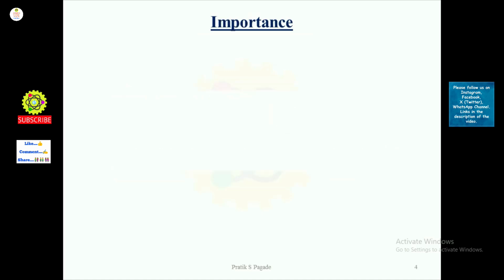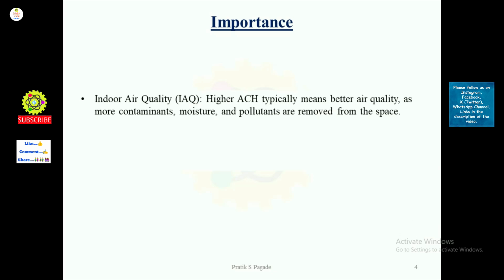Okay, so see the importance. It is indoor air quality. As we know, this removes the contaminants, moisture and pollutants from the space. So here, indoor air quality, IAQ: higher ACH typically means better air quality, as more contaminants, moisture and pollutants are removed from the space.